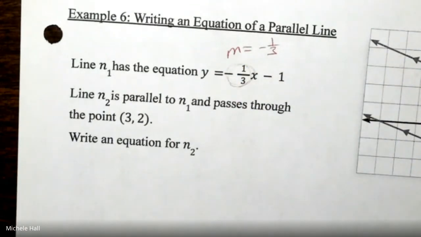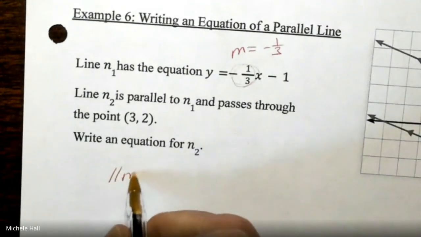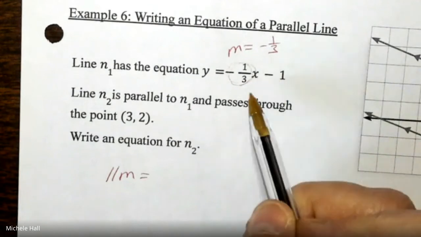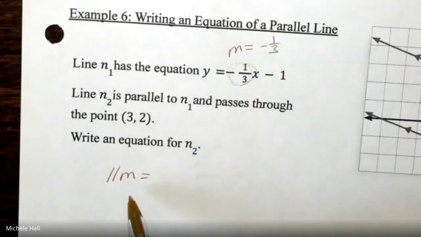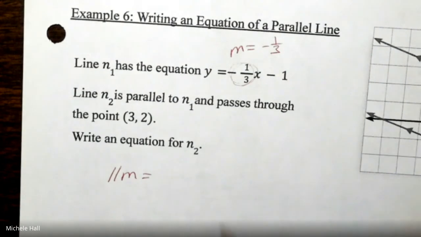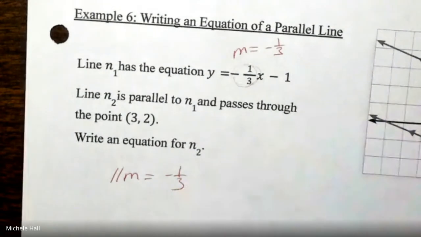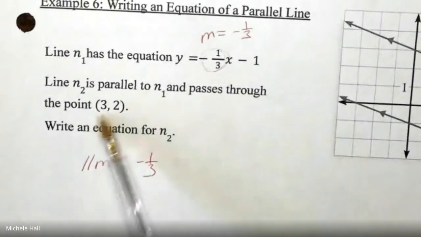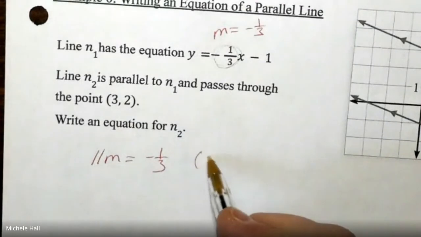I need to write an equation that's parallel to that. So what's my parallel slope going to be? If the slope of this line is negative 1/3, what will be the parallel slope? They have to be the same. So I already know the slope, negative 1/3. And I have a point right here, 3, 2.